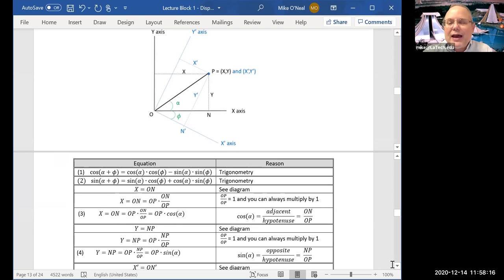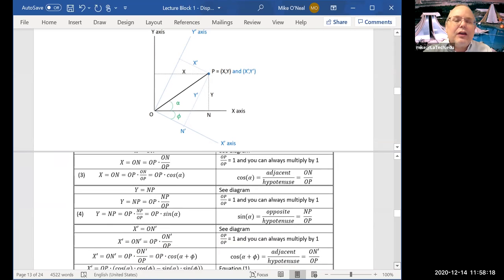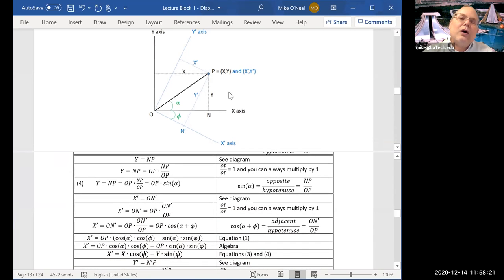Okay. I can do exactly the same kind of thing with y. What is y? Y is the height in this original axis system. Y is the distance from N to P, or P to N. So y equals NP.